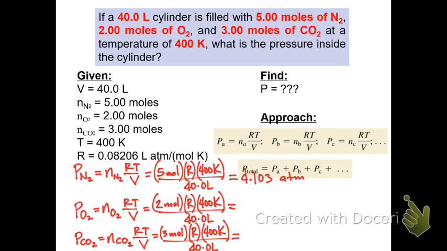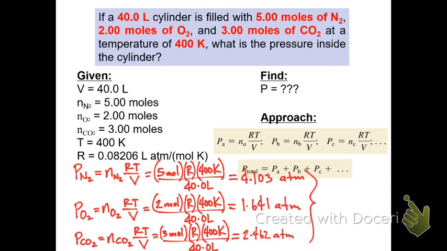For oxygen gas, 2 times 0.08206 times 400 divided by 40, and we get 1.64 ATM. And the last one, 3 times 0.08206 times 400 divided by 40, and we get 2.462. These are the individual partial pressures of the gases.